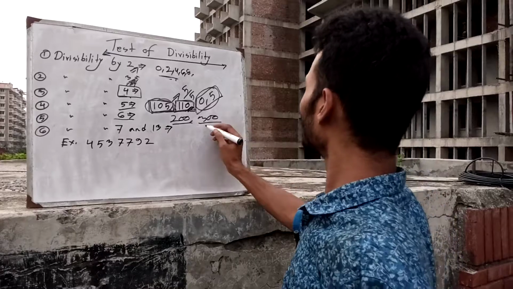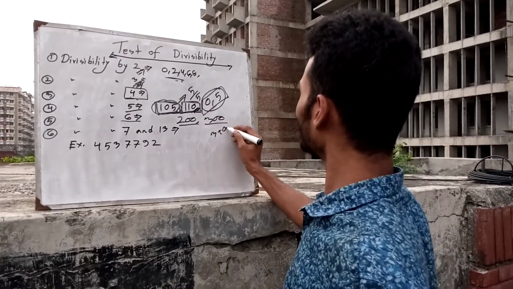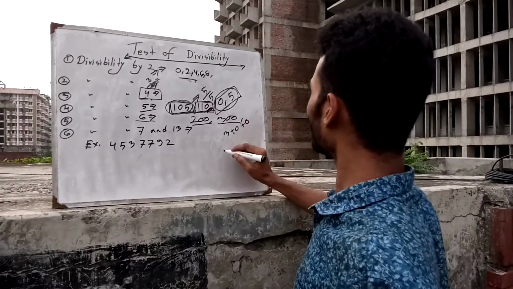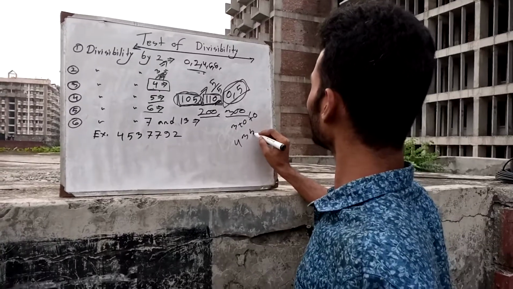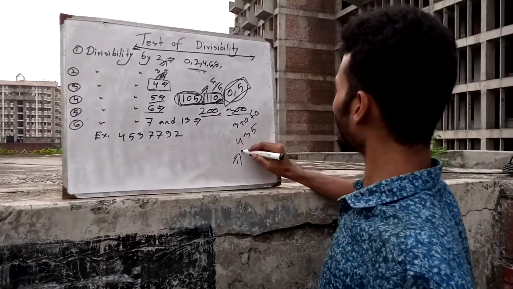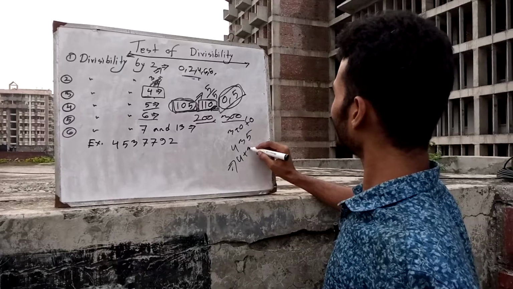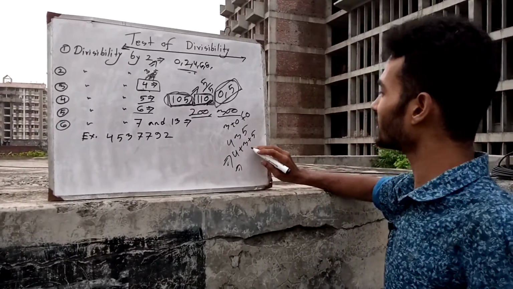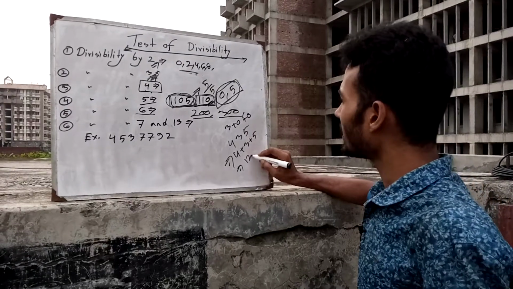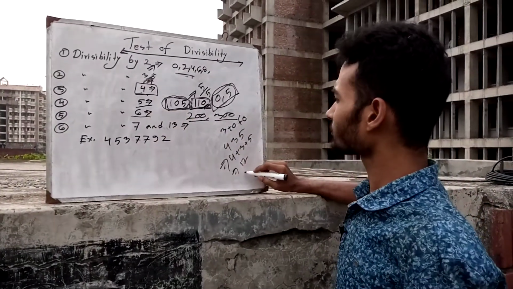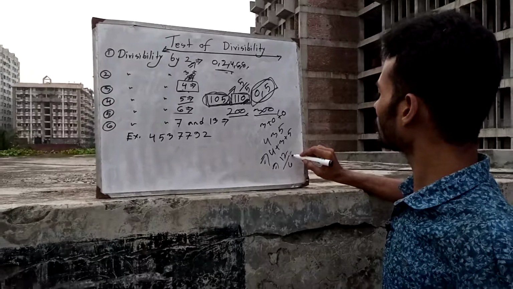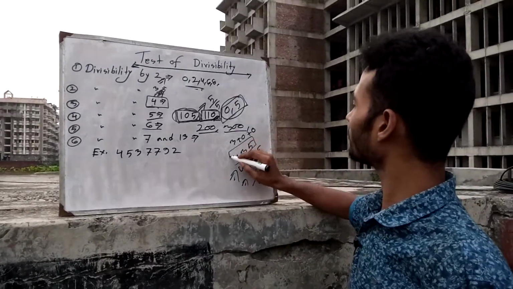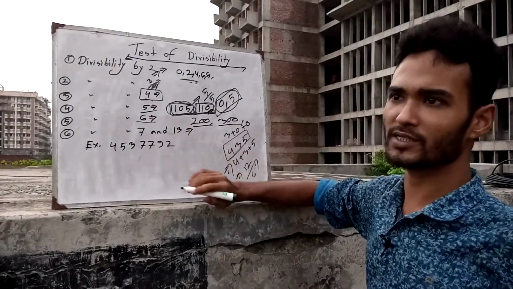Here we have 3 0 0, and here we have 4 3 5. The sum of the 3 numbers is 4 plus 3 is 7, plus 5 is 12, and 12 can be divided by 6, so 435 can be divided by the number 6.